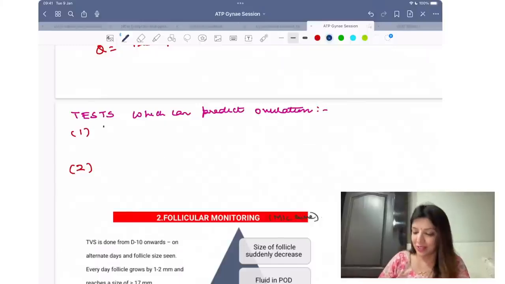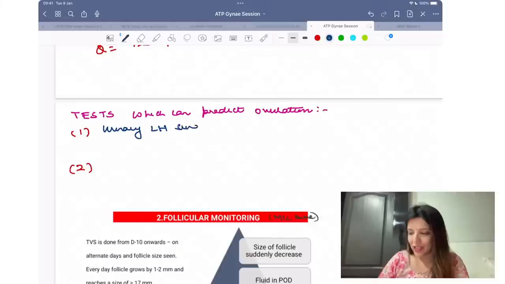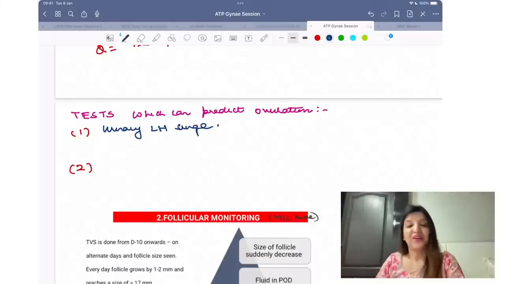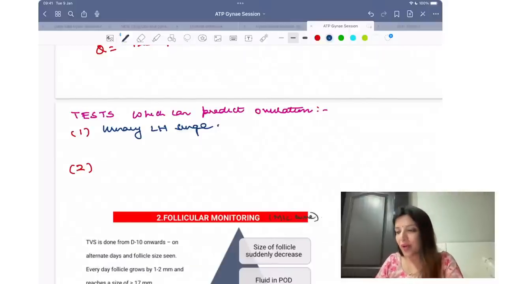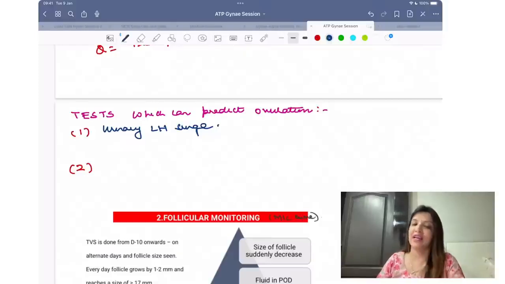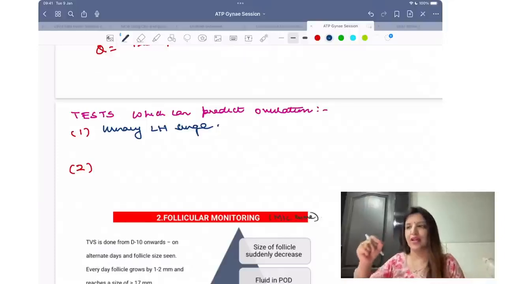Urinary LH surge, excellent. This is a urinary LH kit, जैसे urine pregnancy kit होती है, वैसे we have urinary LH surge kit. तो what a female has to do is she has to take her urine and put it in this kit.